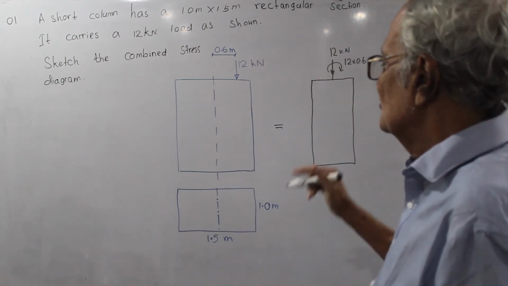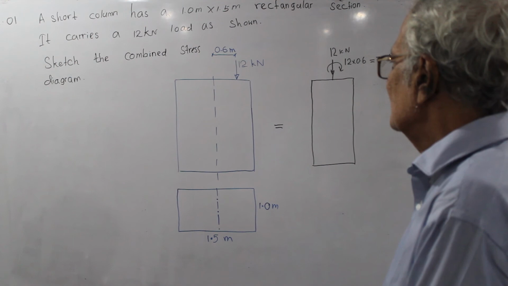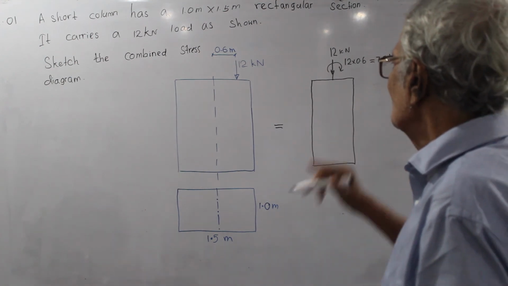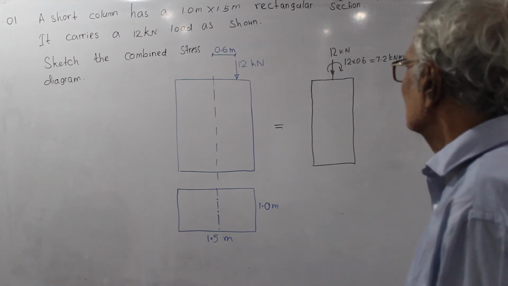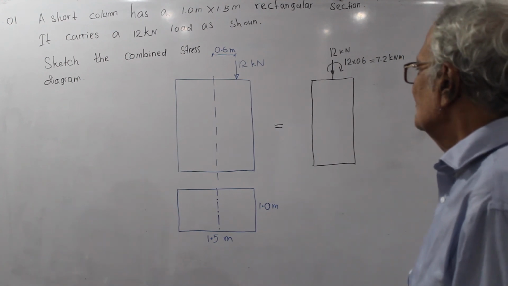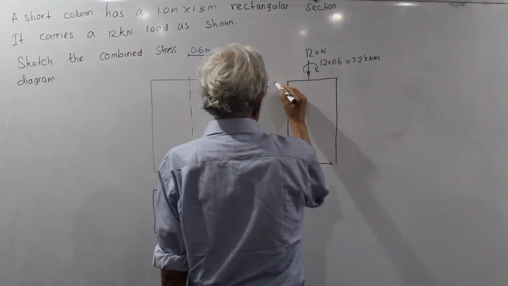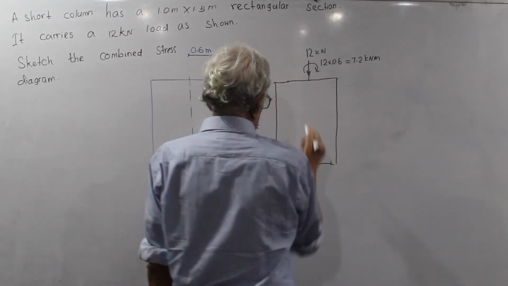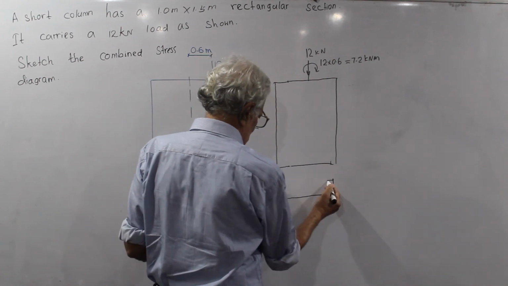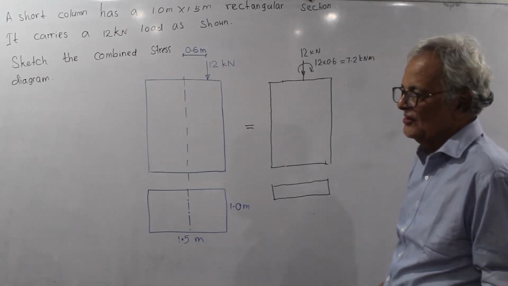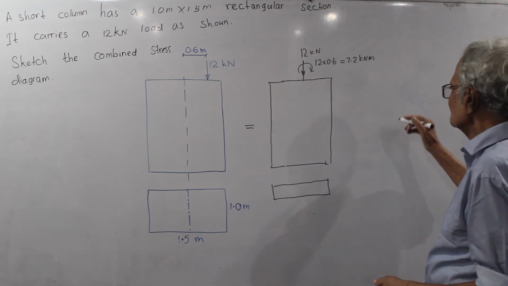The eccentric load 12 kN is equivalent to an axial load 12 kN and a moment 7.2 kN m. We may write the combined stress as equal to the direct stress plus the bending stress.